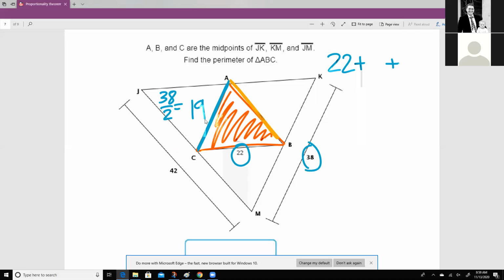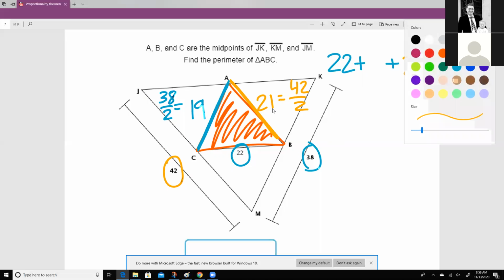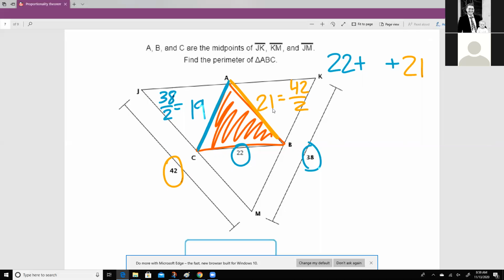I don't know what it is, but I know this is 42. So I'm going to take that 42 and divide it by 2. That's going to give me 21. Which means I need to add 21 and 19. I add all these up, I'll get my perimeter. So that's 40, 62. And are we given units on any of these? It doesn't look like it, so I can just write units if I want, or I don't have to. And that'll give me the perimeter of the small triangle on the inside.